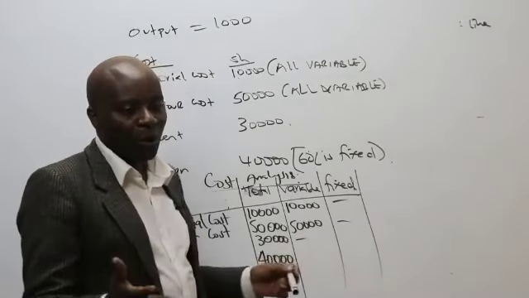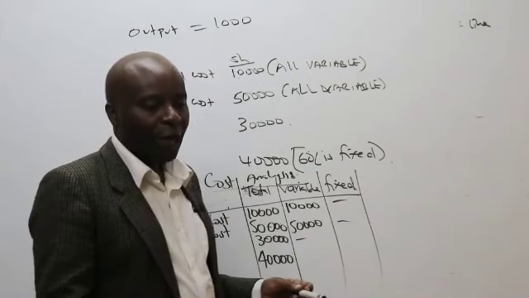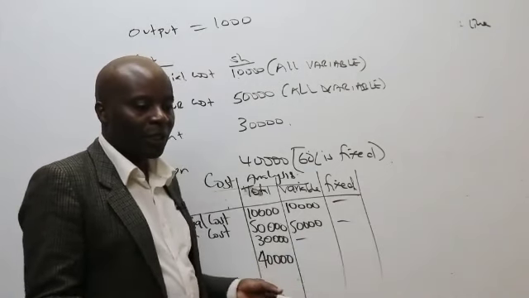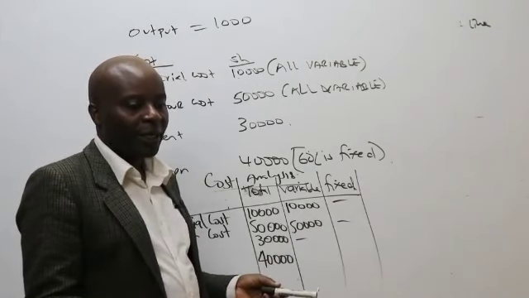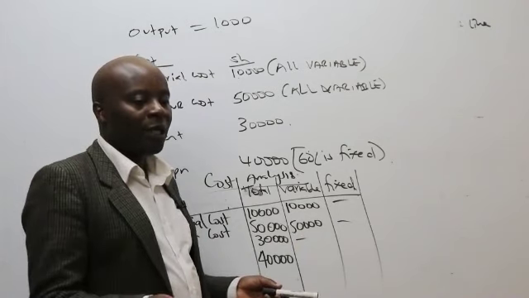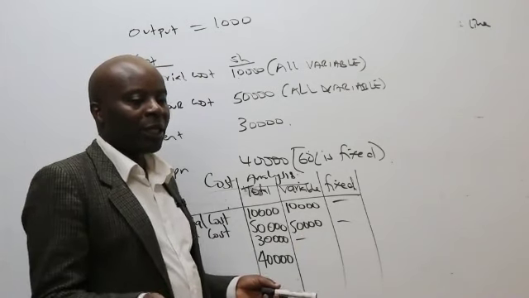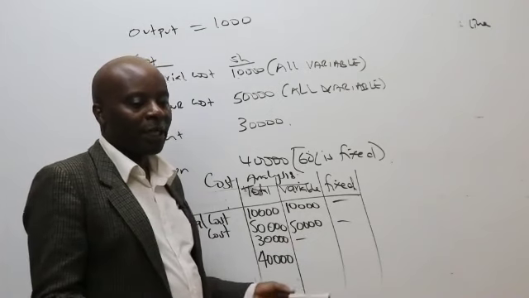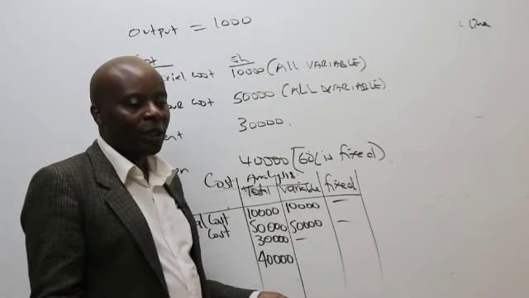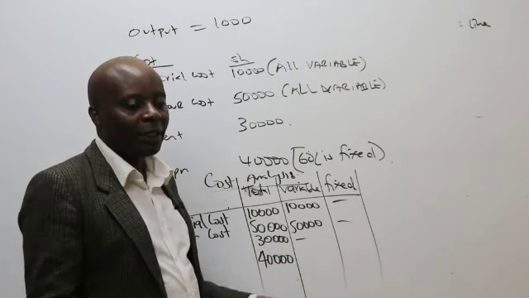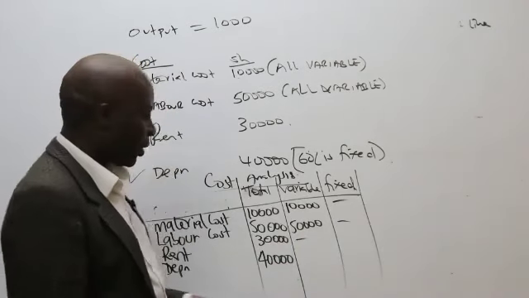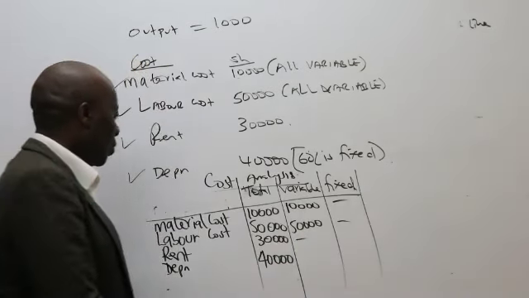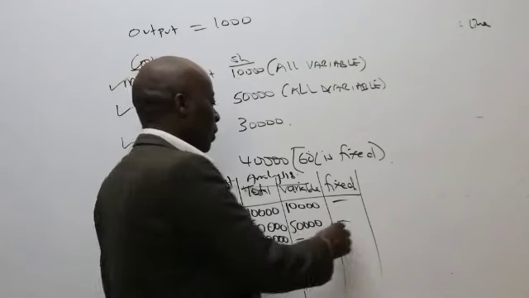For example, for this classroom, I normally expect to work with 100 students. Even if I get 1, 2, or 100 students, the Zoom cost, which is the rent they charge us for using their platform per month, is constant. So rent of 30,000 is fixed.